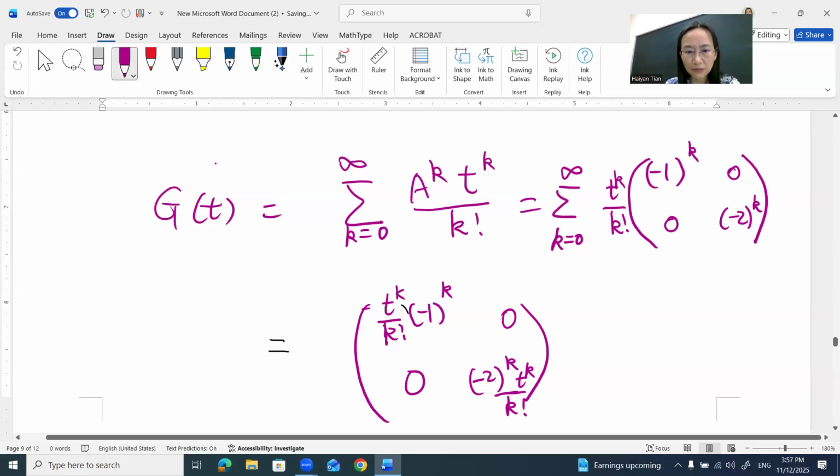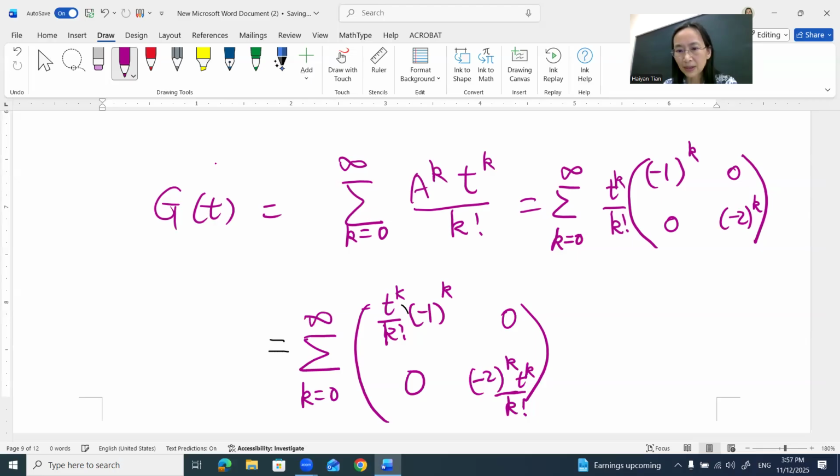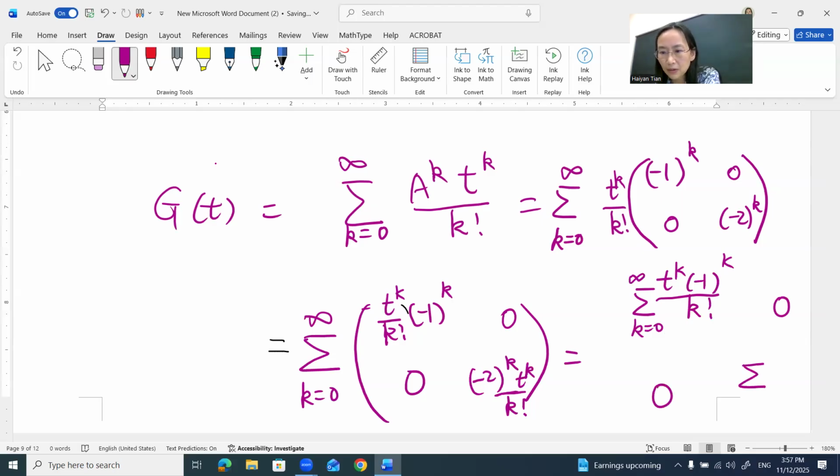And then we have to add all these matrices, right? From 0 to infinity. And when we add the matrices, we have to add all the corresponding entries. So the first diagonal entry is the sum over K from 0 to infinity of -1 to the K, t to the K over K factorial. And all those 0 entries will stay 0. And the other diagonal entry will be -2 to the K, t to the K over K factorial.